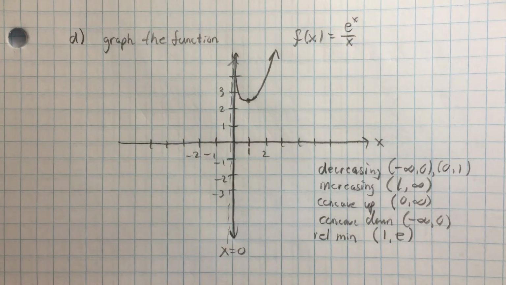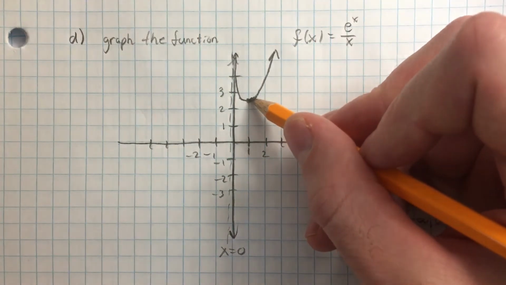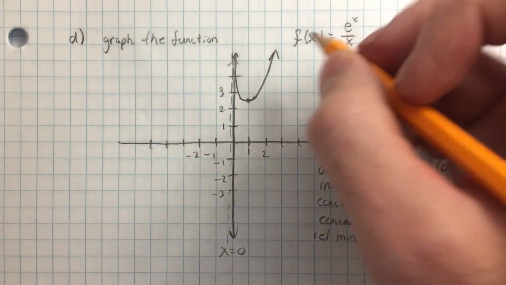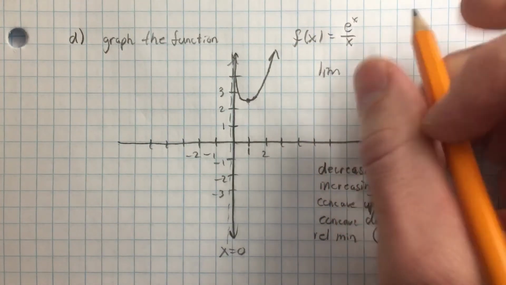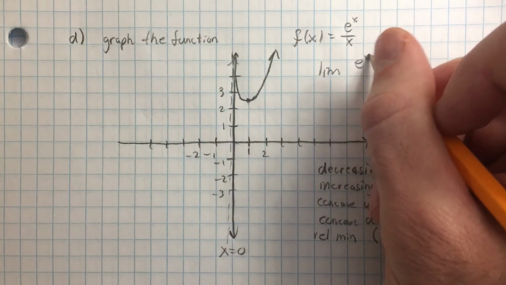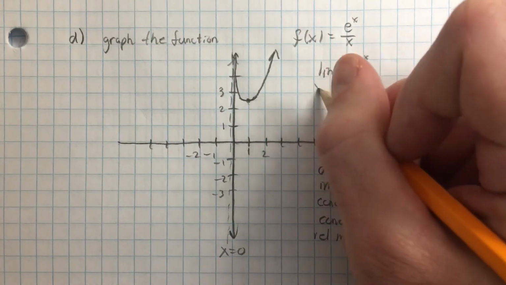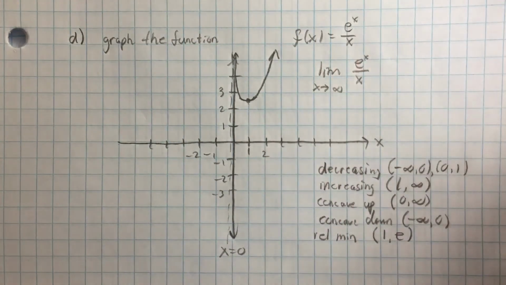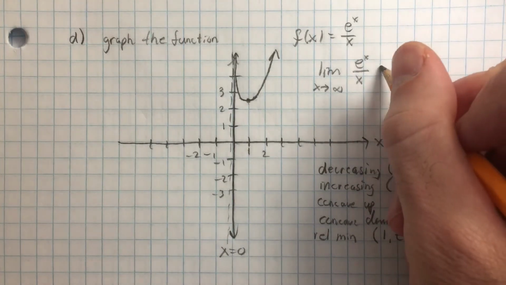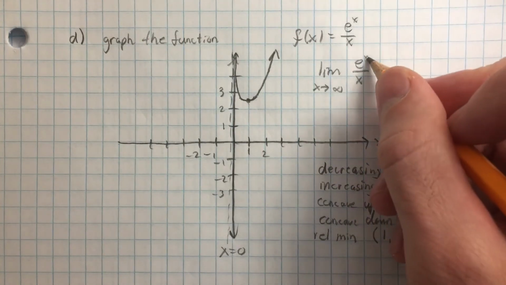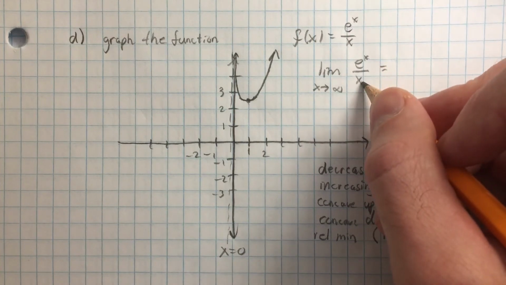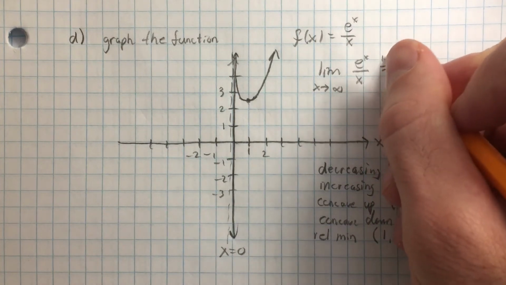Let's just make sure that this is going up like this towards infinity forever. We could take the limit as x approaches infinity. What's the end behavior, right? Check on the end behavior. Well, as x goes towards infinity, we have an infinity over infinity case. So it's L'Hopital's rule. Okay?